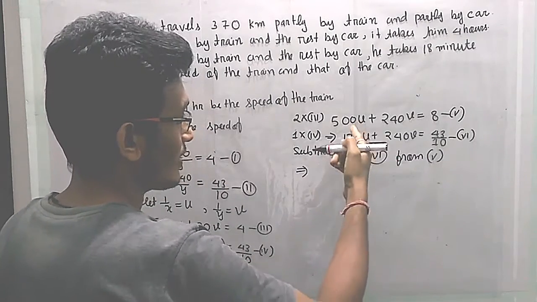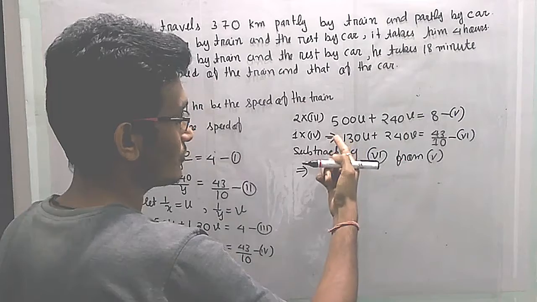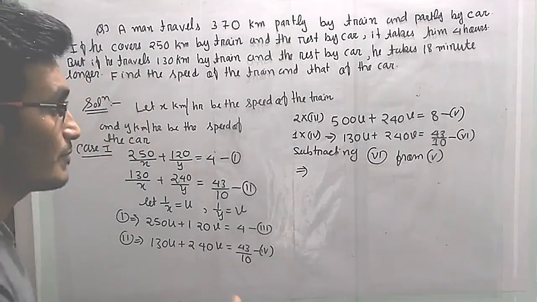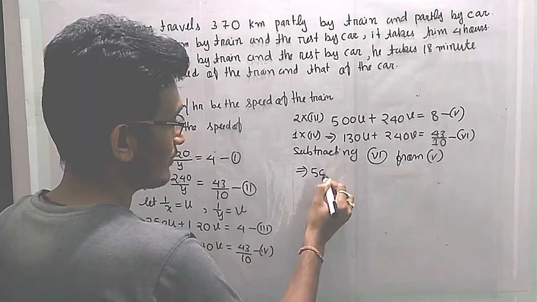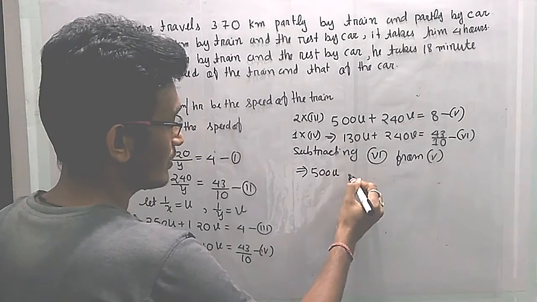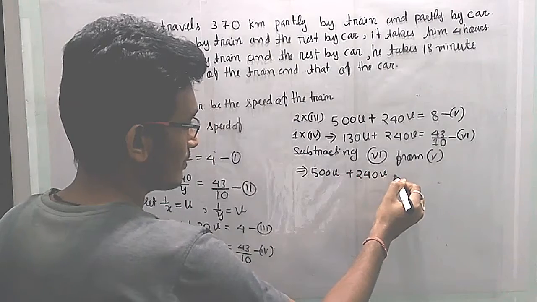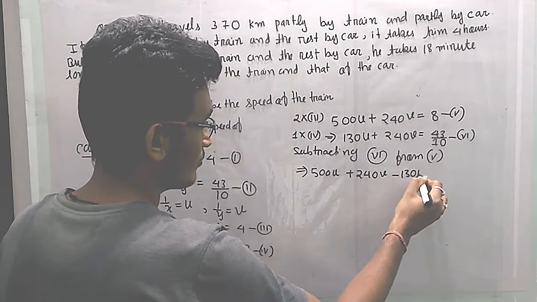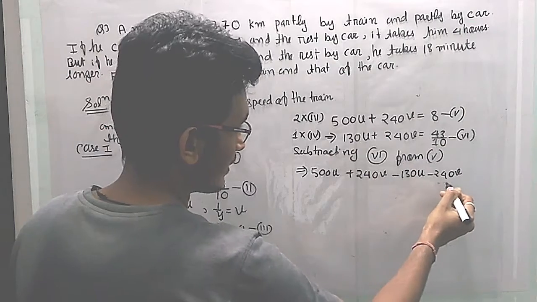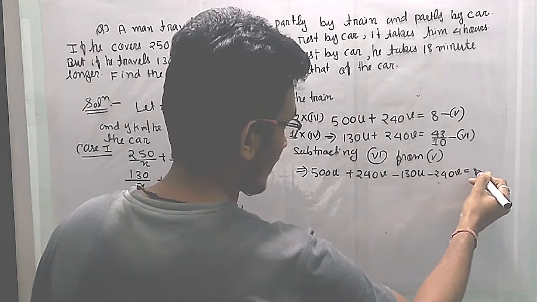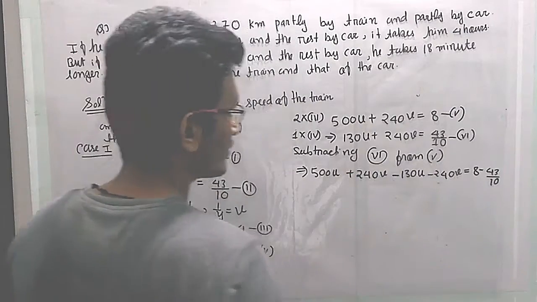Since we subtract 6 from 5, we should write down the terms of equation 5 first. So it should be 500u plus 240v minus 130u minus 240v equals 8 minus 43 by 10.